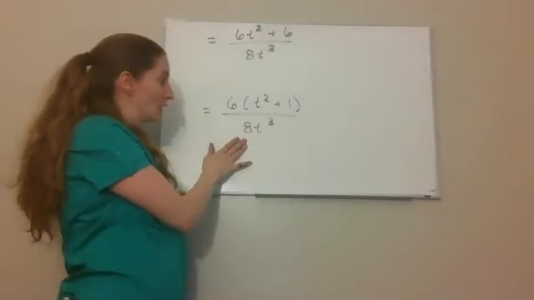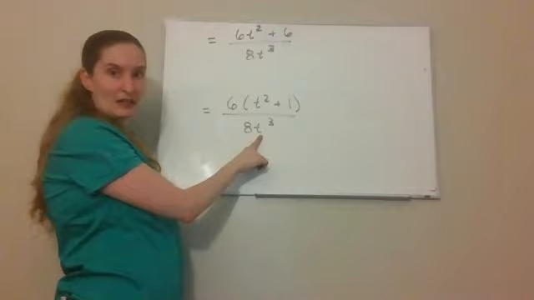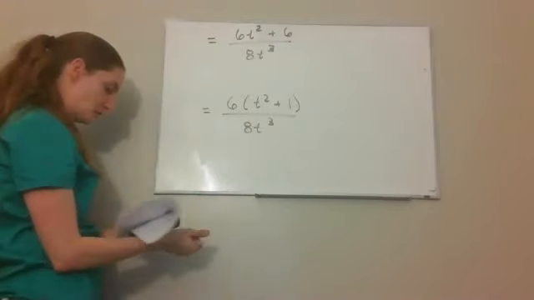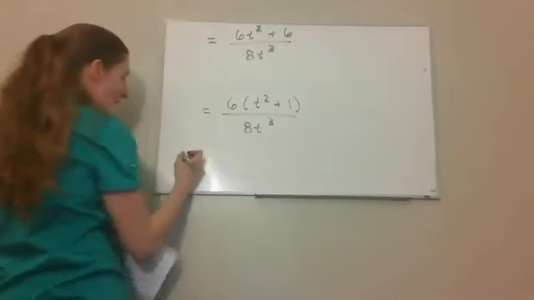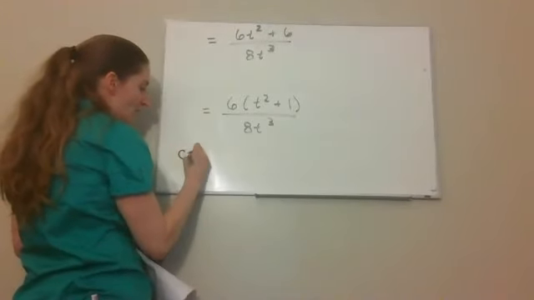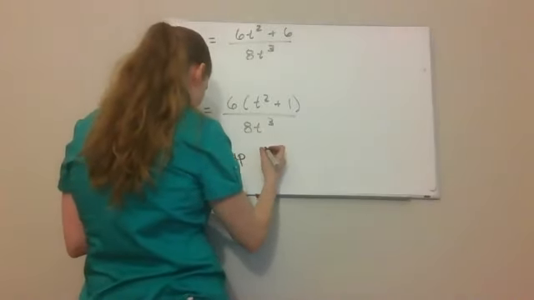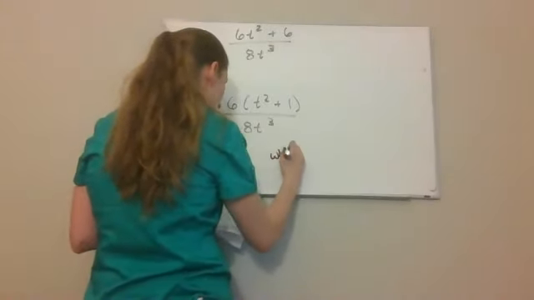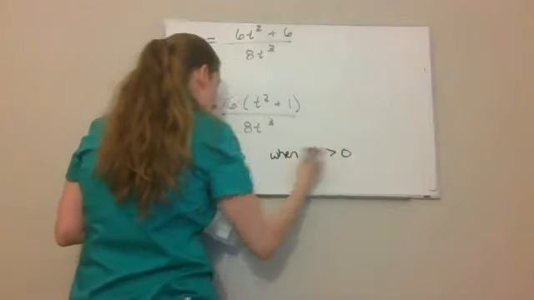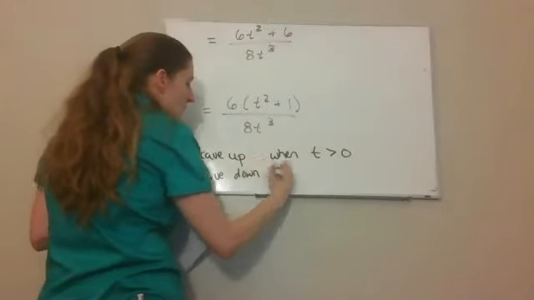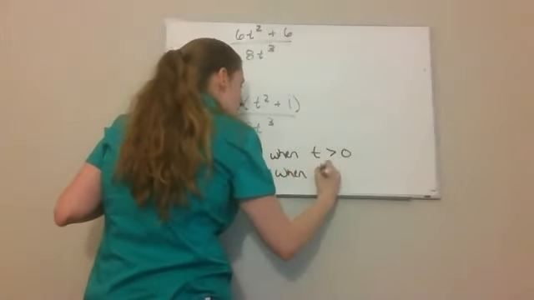The denominator is going to be negative when t is negative, and positive when t is positive. So I have concave up when my t is positive, and it's concave down when t is negative.